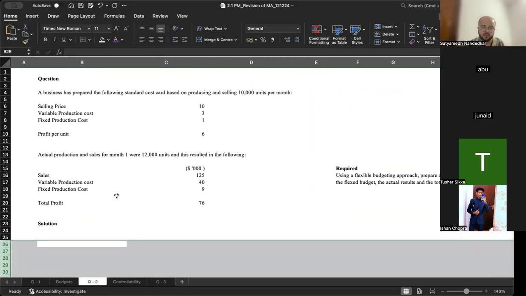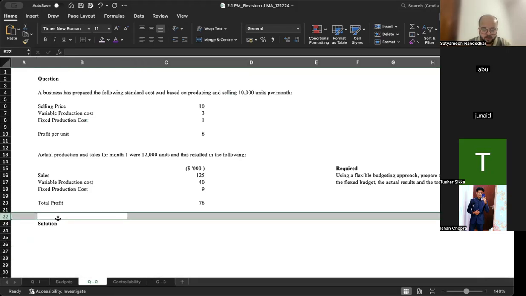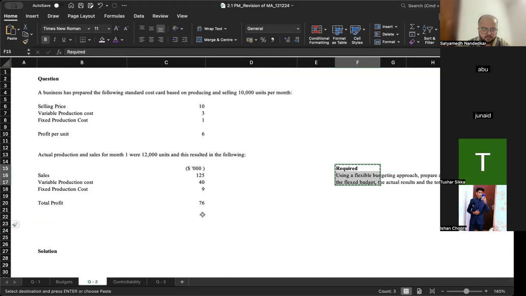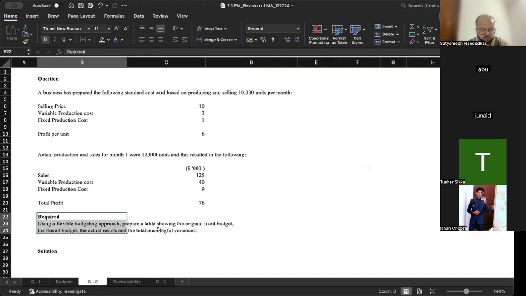Let's have a look at one question. Using a flexible budgeting approach, prepare a table showing the original fixed budget, the flexed budget, the actual results, and the total meaningful variances. A business has prepared the following standard cost card on producing and selling 10,000 units per month.